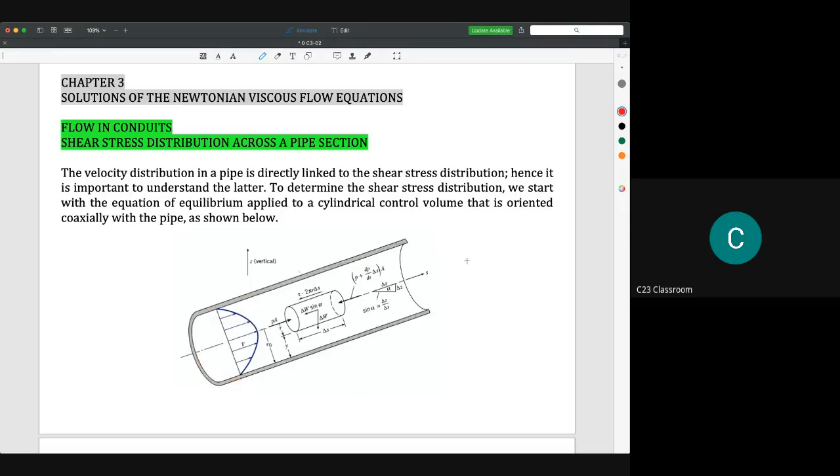So, for example, we have a pipe with a circular cross-sectional area like this one. Again, it starts with the same idea: we have a small element, and we assume that a few forces act on that element.